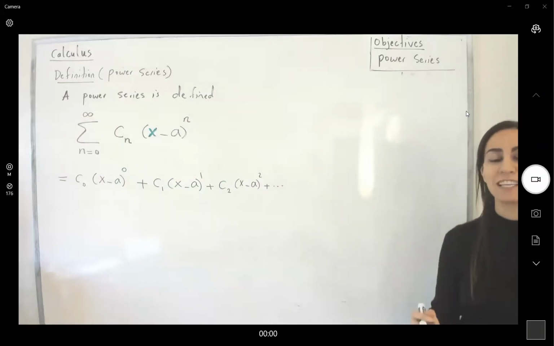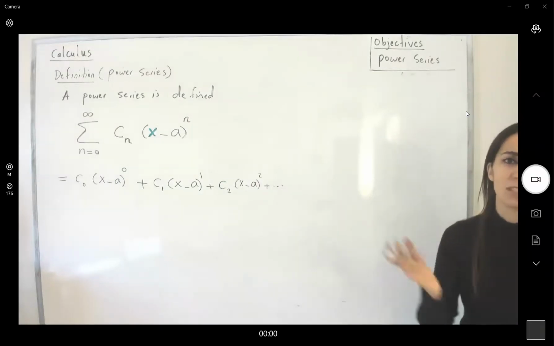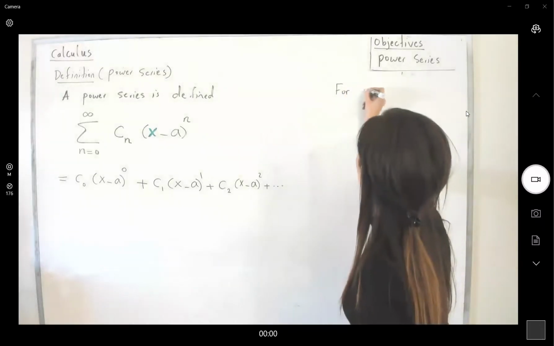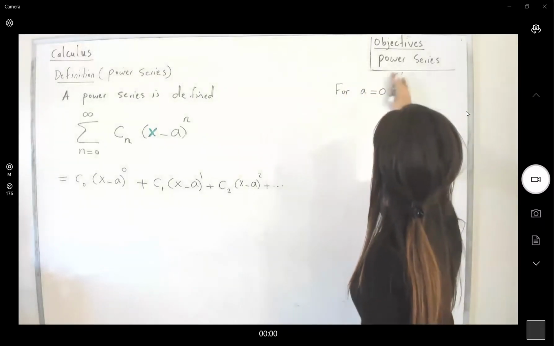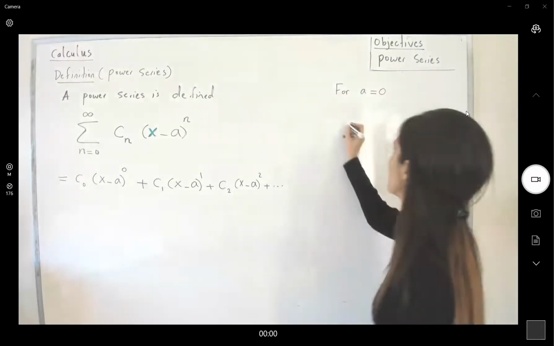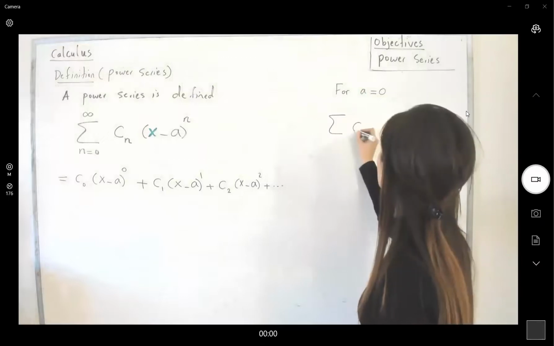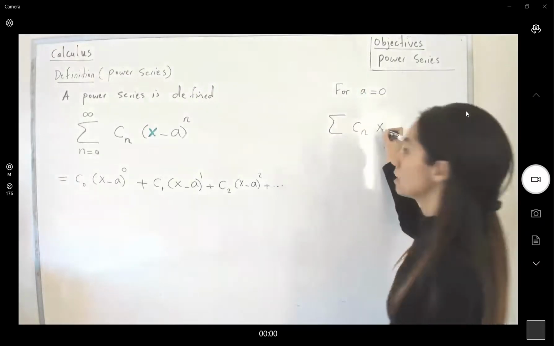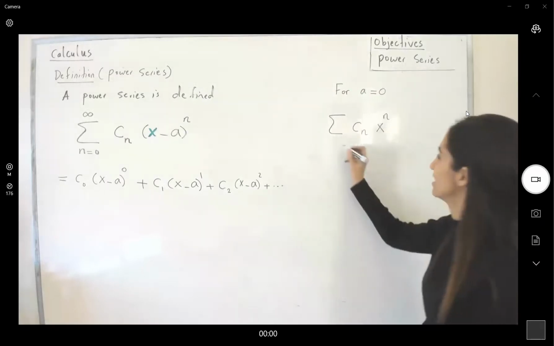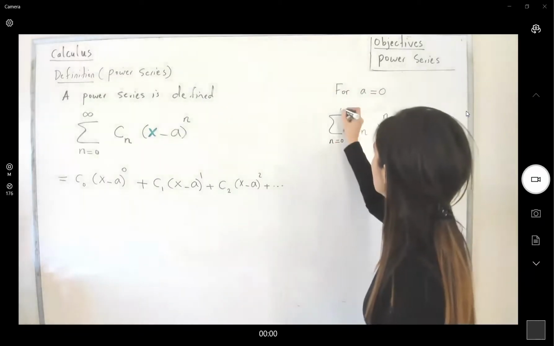In a special case, if a, which is just a number, is equal to 0, we can write this power series in a shorter form. We get the sum of c sub n x to the n, starting from 0 to infinity.